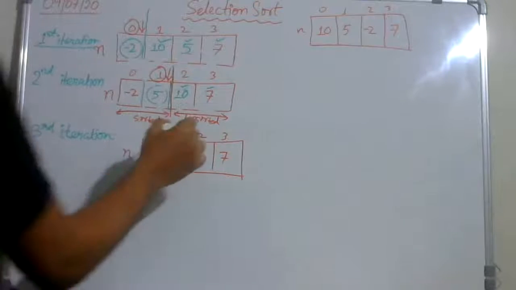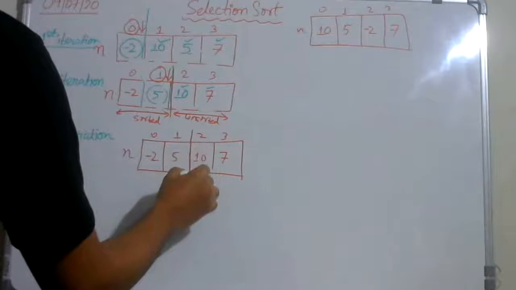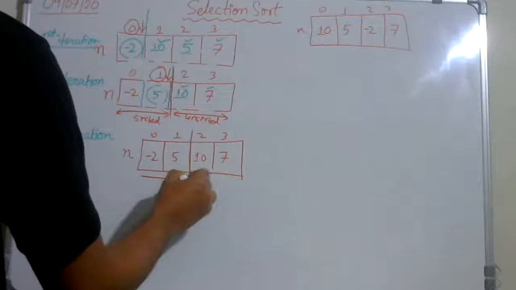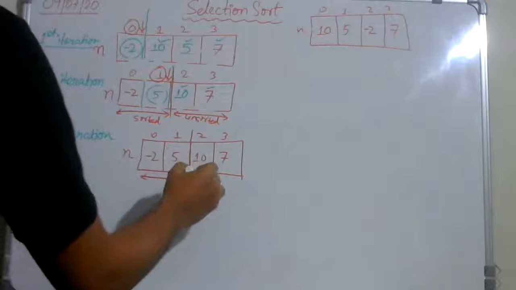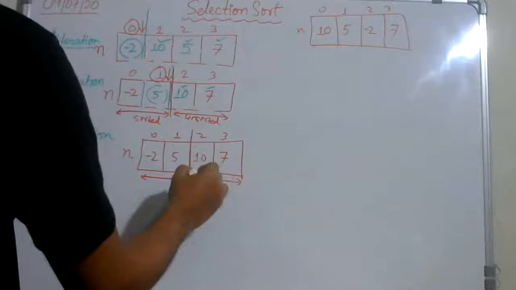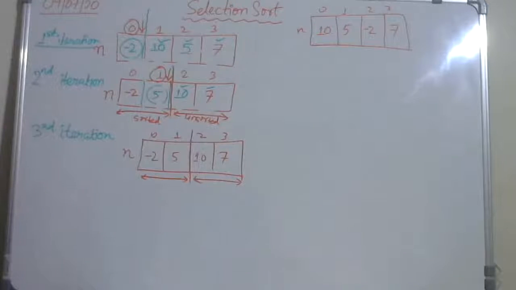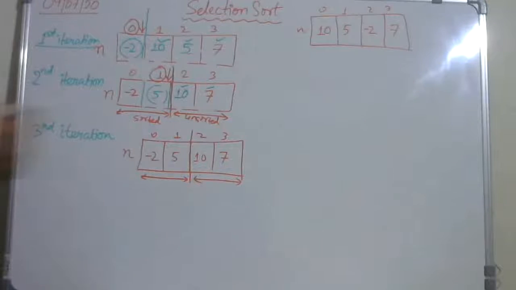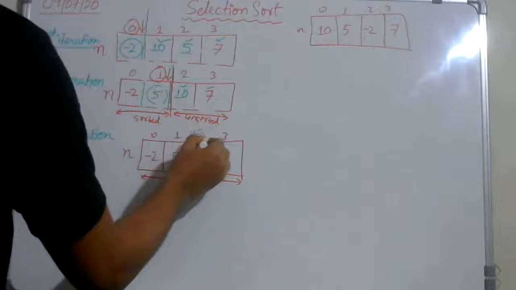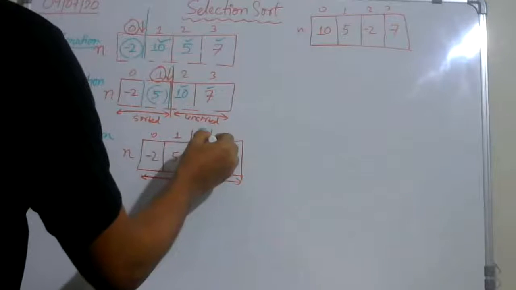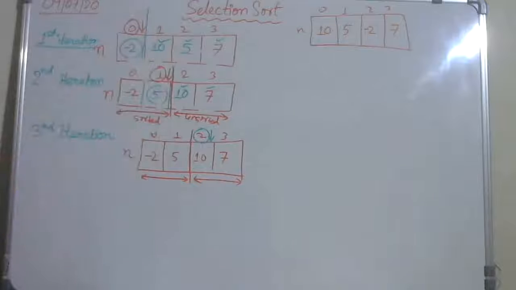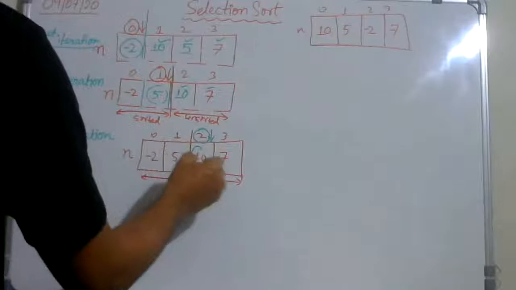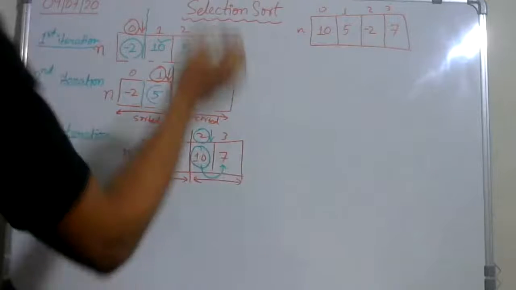Okay, and as we had seen previously, the array is sorted up till this mark. So this portion is already sorted, and this portion we will be sorting now. Since this is the third iteration, we will be selecting the third position in the array. After selecting it, we compare the value with the next value in the array.